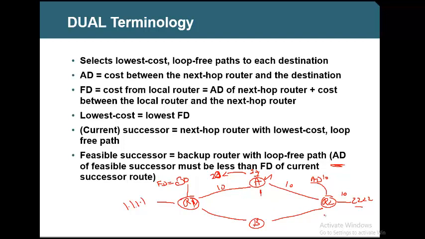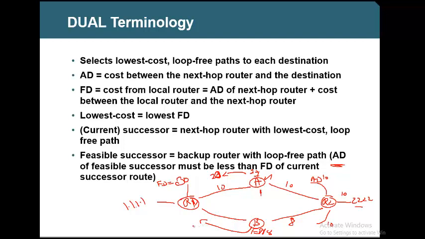Yes. Now let us go to the lower one. Again, here also it says, hey, 10 is the advertised distance, and here it is 8. Router B says, for me it is 18. FD is 18, and that is the AD to R1.